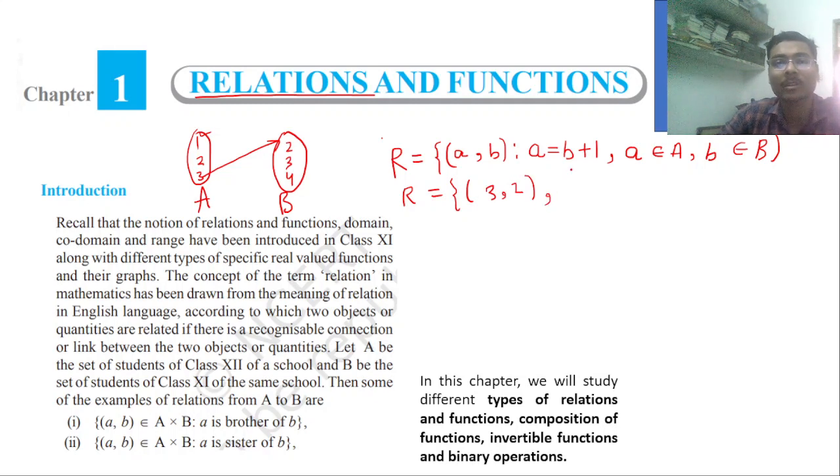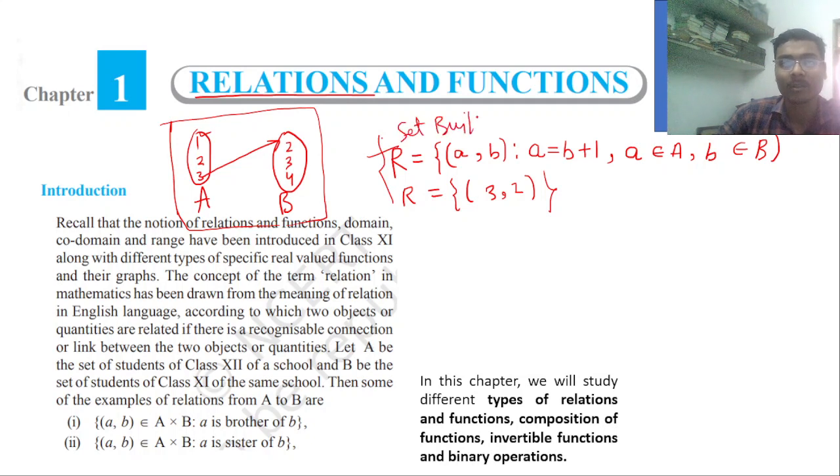Is it possible to write any other element? Suppose we put 3 here, 4 is not present, so this is the end of our relation. Whatever I have described here is the pictorial representation of a relation, this is the set builder form, and this is the roster form of representing a relation.